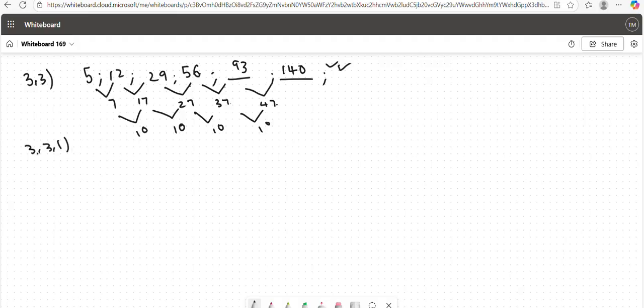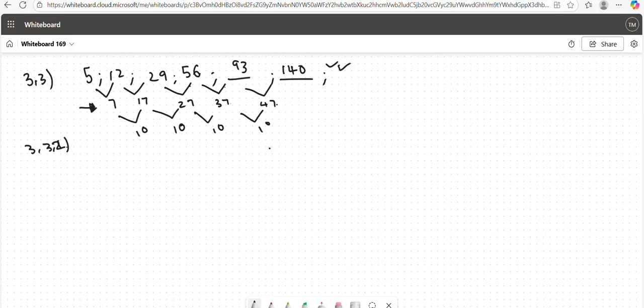Then 3.3.1 asks us, prove that the first difference of this pattern will always be odd. So what is the first difference? The first difference is this guy here.